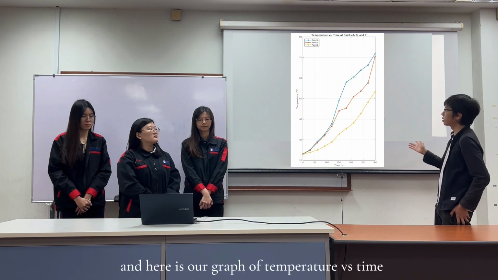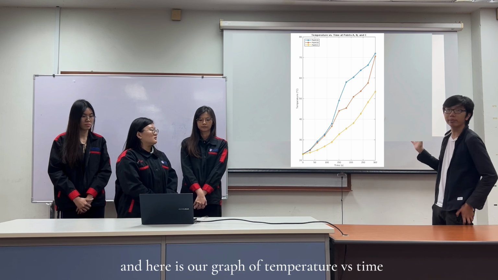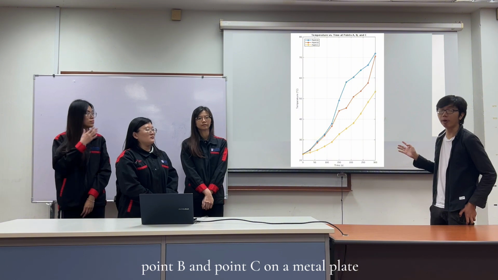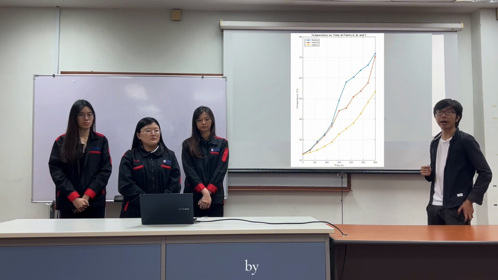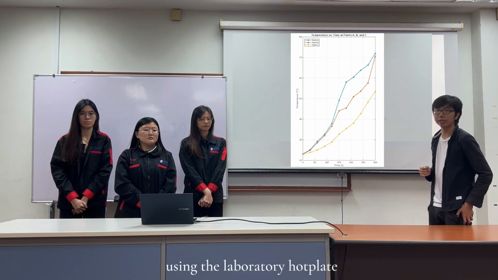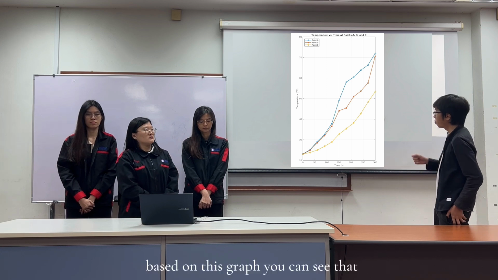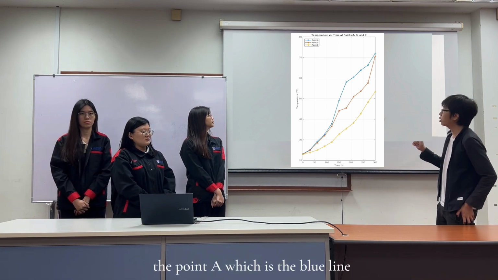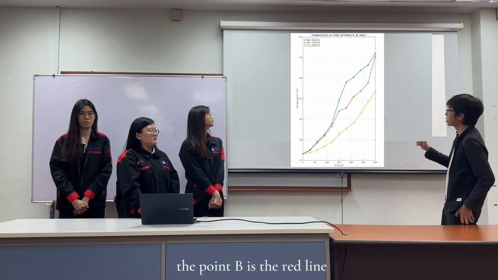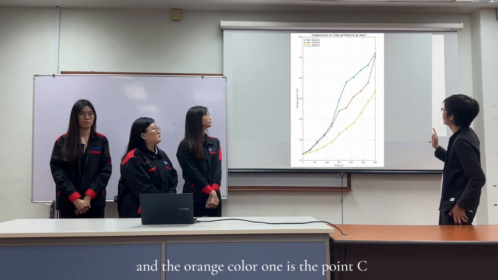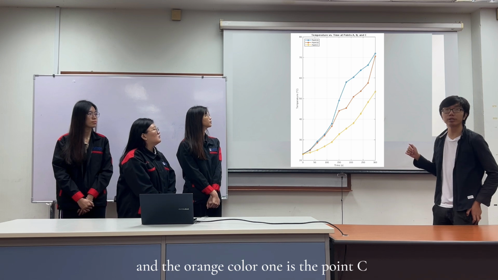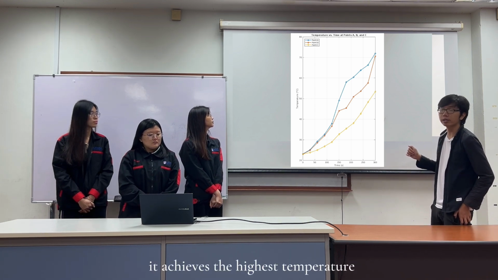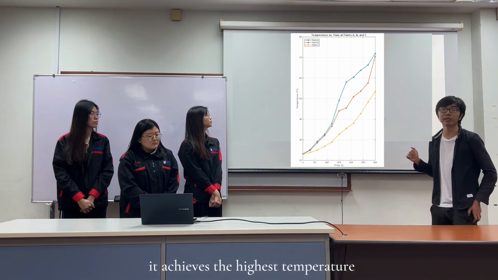And here is our graph of temperature versus time at different positions, which are point A, point B, and point C on the metal plate, using the laboratory hot plate. In this graph, we can see that point A is the blue line, point B is the red line, and the orange one is point C. The blue line, point A, achieves the highest temperature.